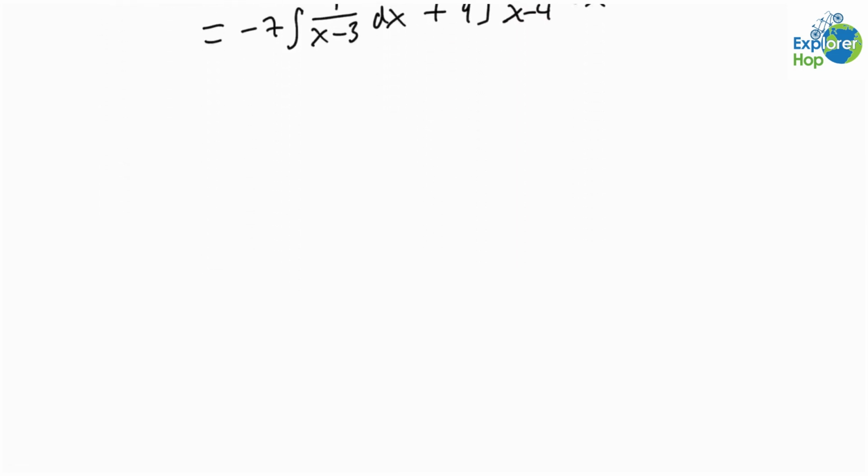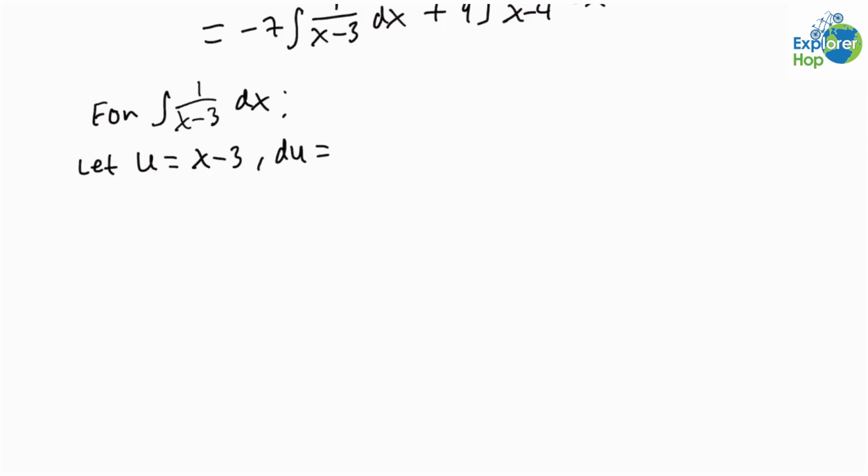So for the integral of 1 over x minus 3 dx, we can let u be equal to x minus 3, which means that du is equal to dx.